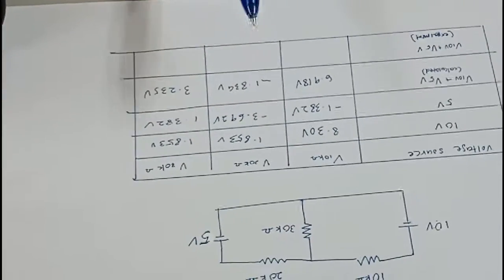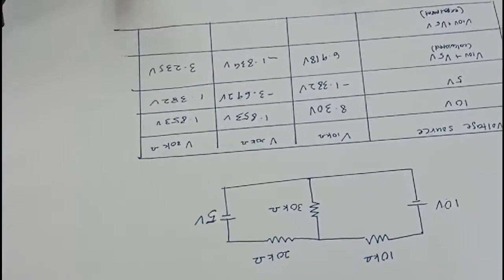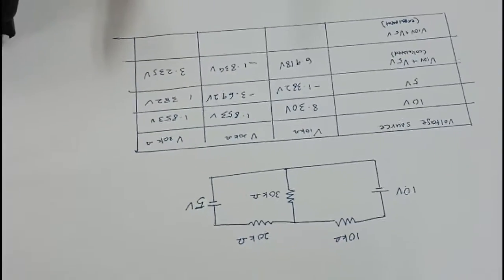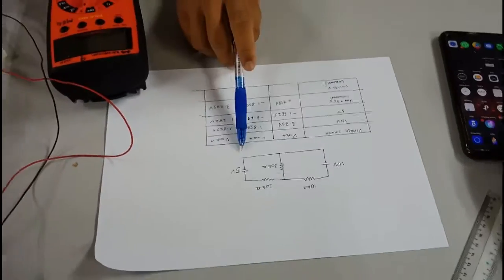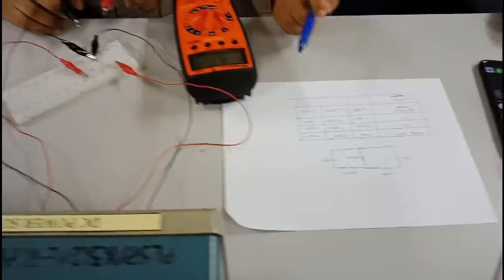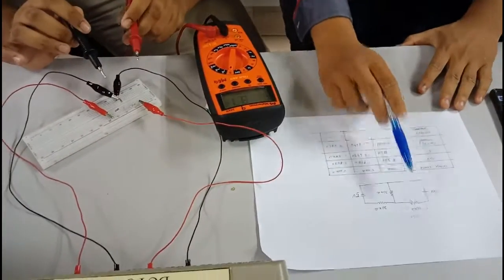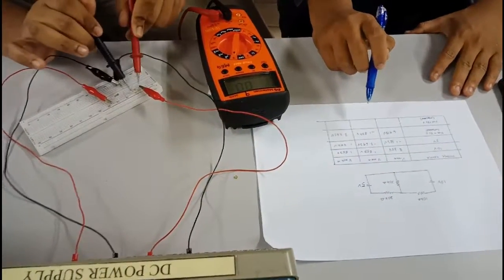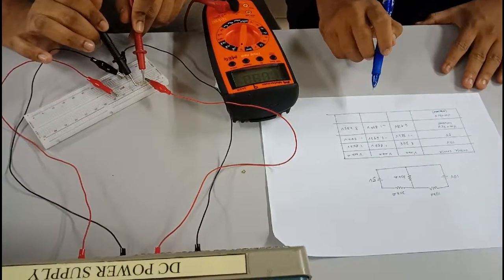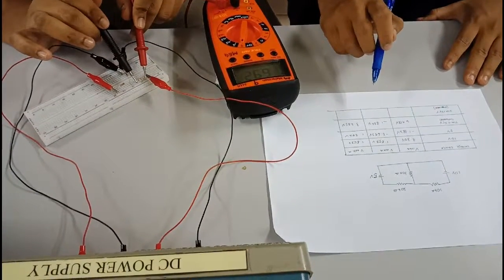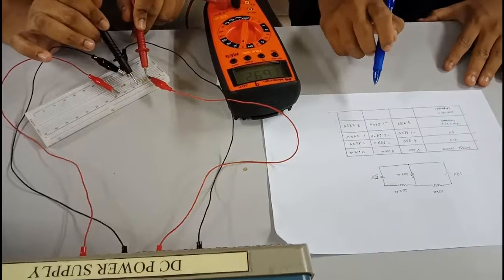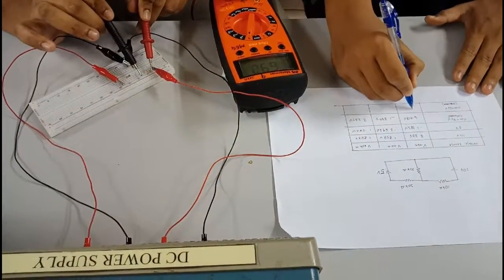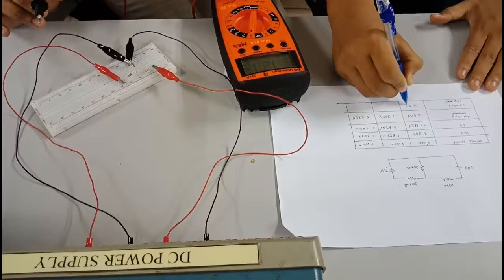So now let's take a look at the voltage when we connect all of the voltage sources. Firstly, for 10k ohm, the value is 6.92 volt.